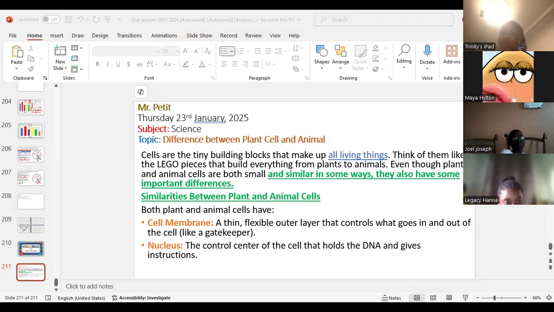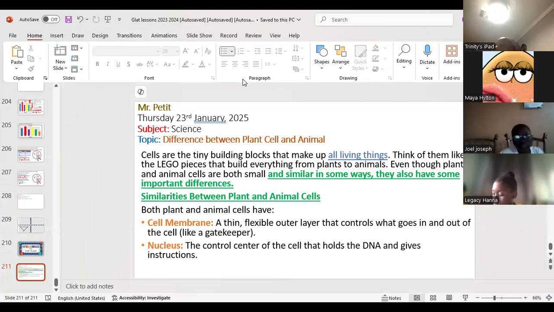What's a nucleus? Nucleus: the control center of the cell that holds the DNA and gives instructions. Very good. Trinity, is Kylie there? Yes, sir. Kylie, read the definition for the nucleus.